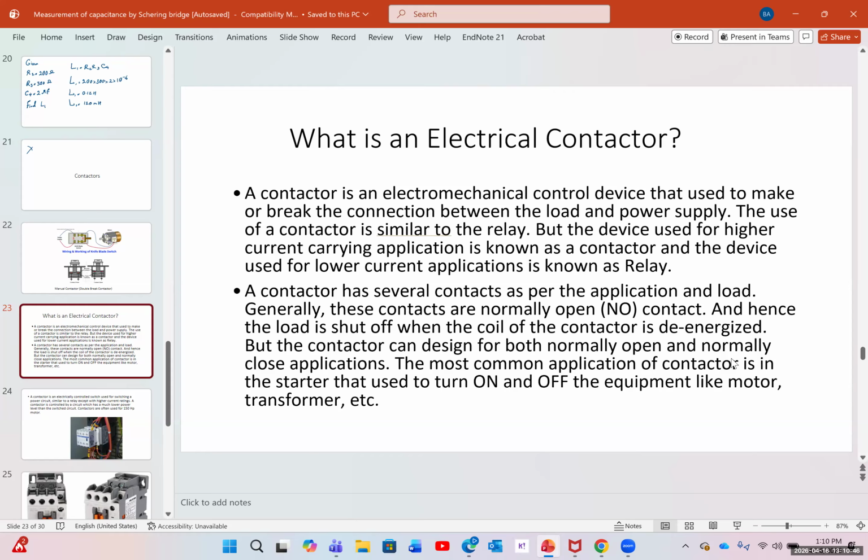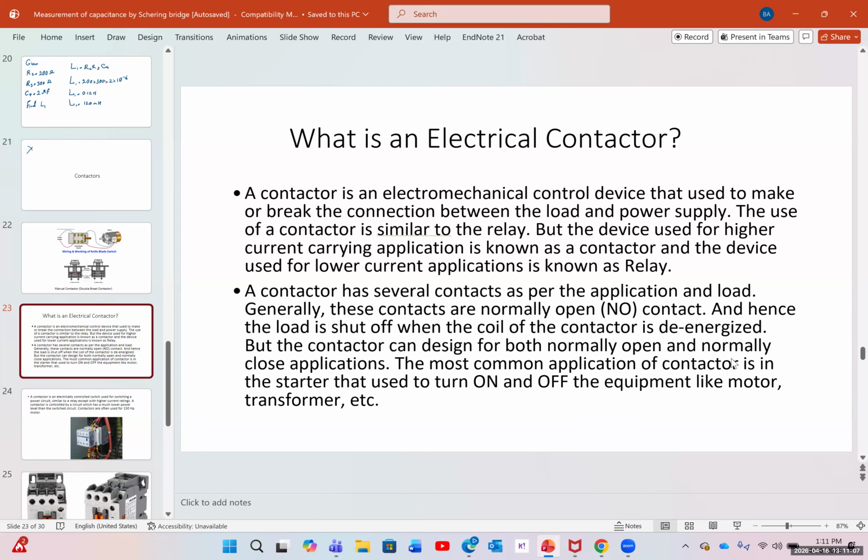It's very similar to relays, but contactors carry higher currents. They can pass higher currents. But relays have lower currents because contactors are much bigger compared to relays.